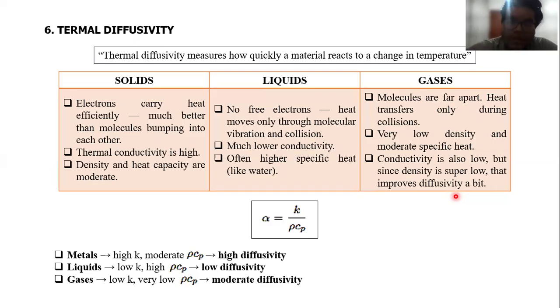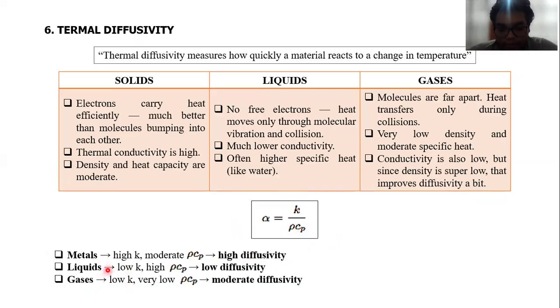Okay, to finalize, we have this form. This form is the thermal diffusivity coefficient, which is alpha. And we have some deductions. For example, in metals, we have high conductivity and a moderate product in the denominator, and we are going to have a high diffusivity.